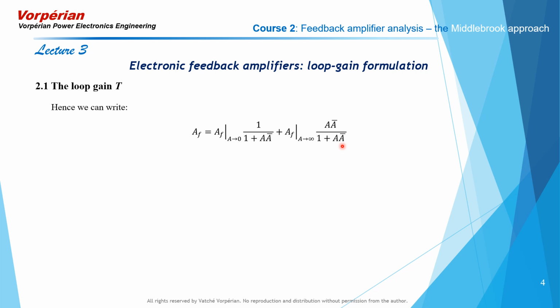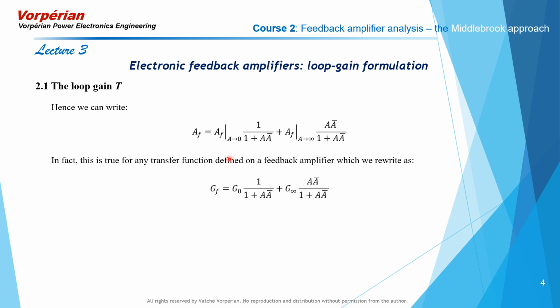Now this expression is not only applicable to a voltage gain, a current gain, or a transresistance or a transconductance, but it is equally applicable to the input impedance or admittance or the output impedance or admittance of a feedback amplifier circuit. So we write it in general as G_F equals G_0 times 1 over 1 plus A A bar, plus G_infinity times A A bar over 1 plus A A bar.